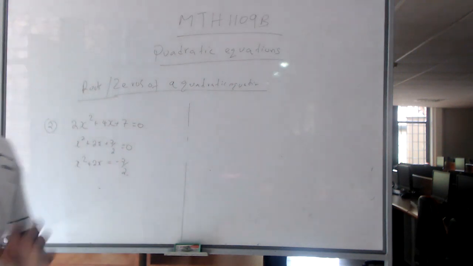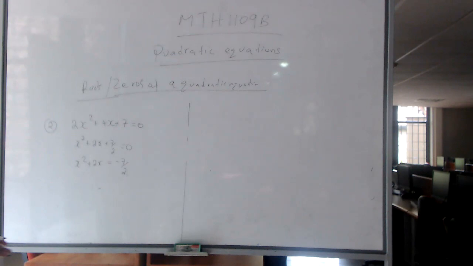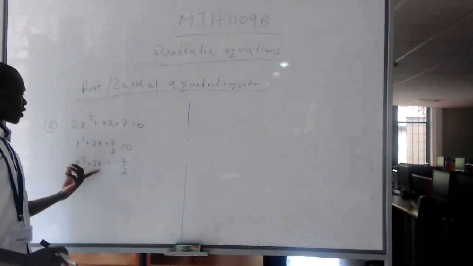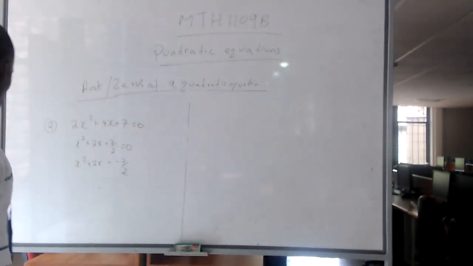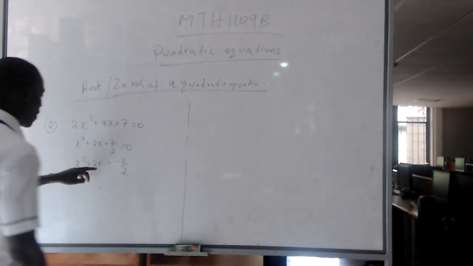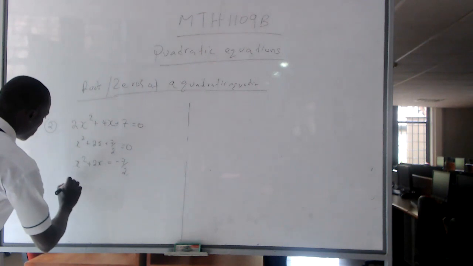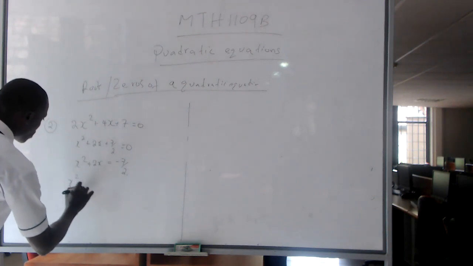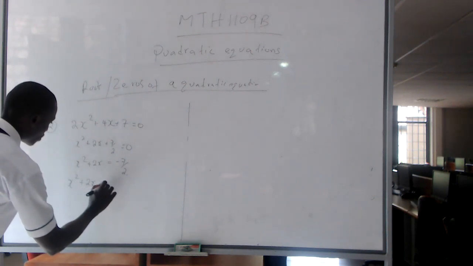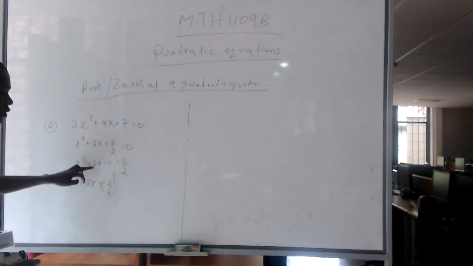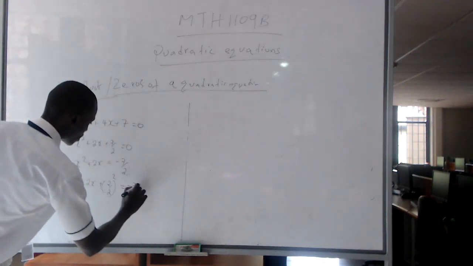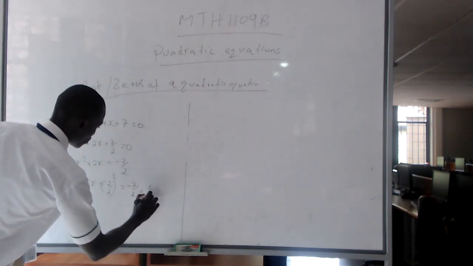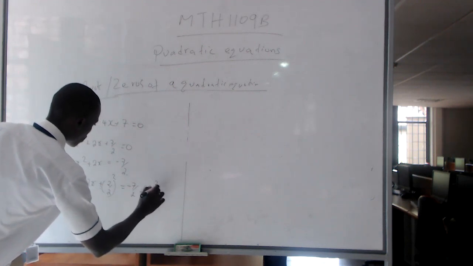Now the next step is to complete the square. On the left hand side, I need to be able to write this x squared plus 2x as x plus something squared. And we said to add simply half of the coefficient of the linear term. So I will need to add, to x squared plus 2x, 2 divided by 2 squared, where 2 is the coefficient of x. What you do on the left hand side, do on the right hand side. So minus 7 over 2 plus 2 divided by 2 squared.